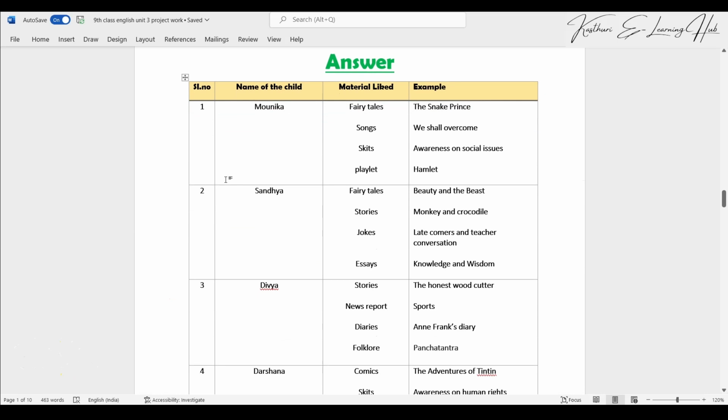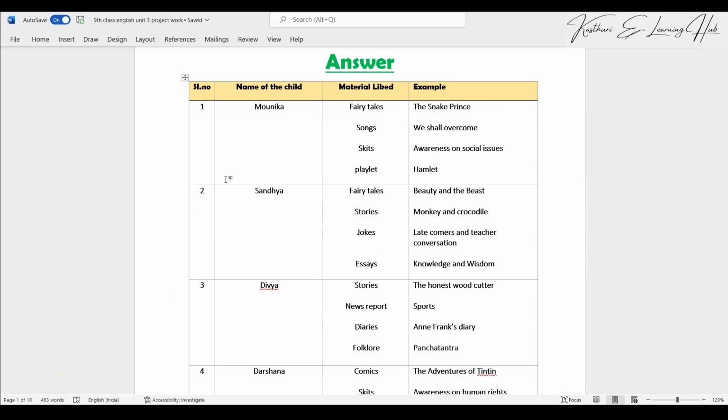Here we go. Firstly we have made the tabular column, serial number 1. Name of the child: we have written the name of the child. Then material liked. What is the material the child wants to be included? First preference is fairy tales, for example, The Snake Prince.